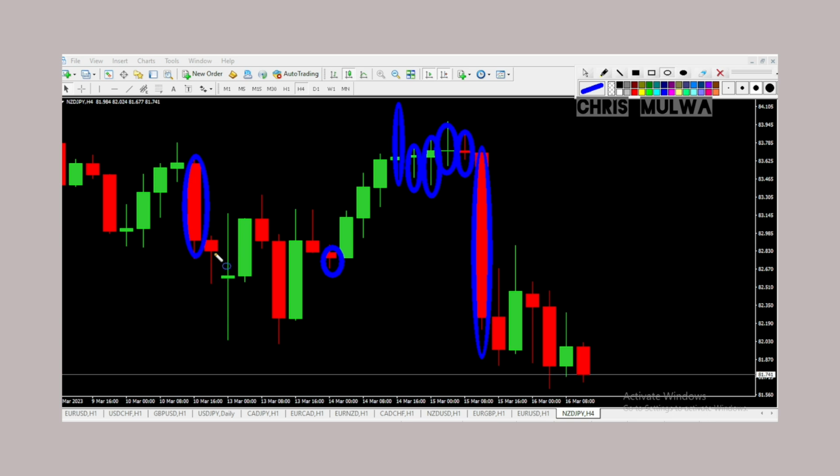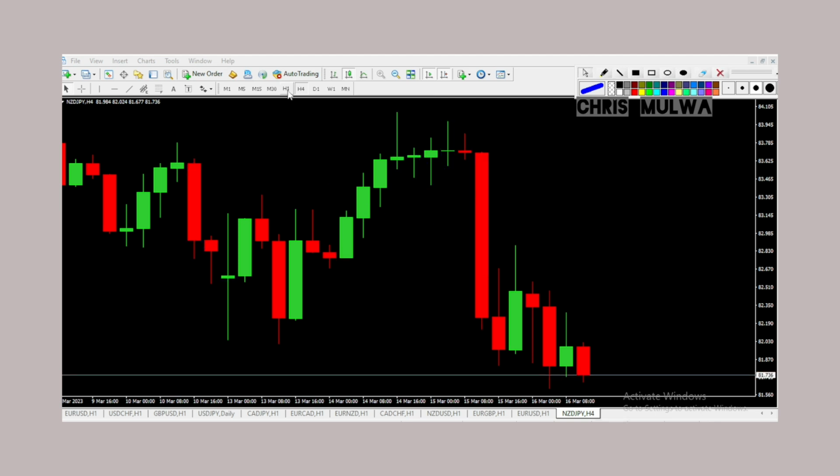This one is what we call the gap. The market closed at this point, but it dropped. The candle started forming at this point, so there was a gap here. Then the body, it went up, it went down up to here, then it closed at this point. That is how candlesticks are formed.